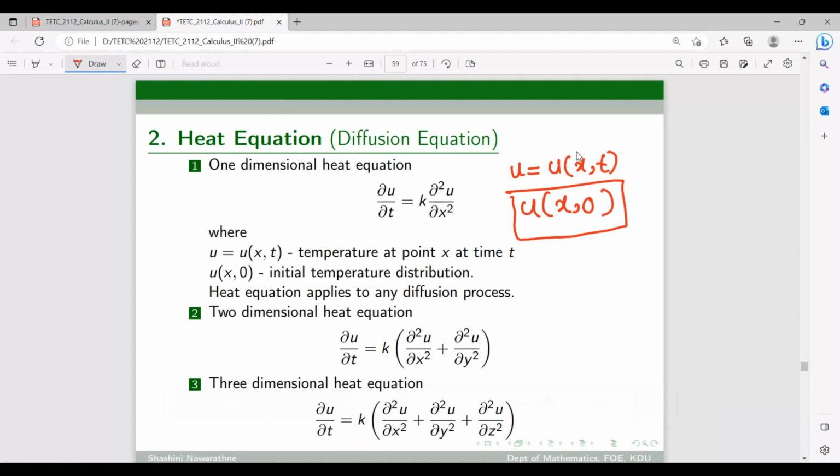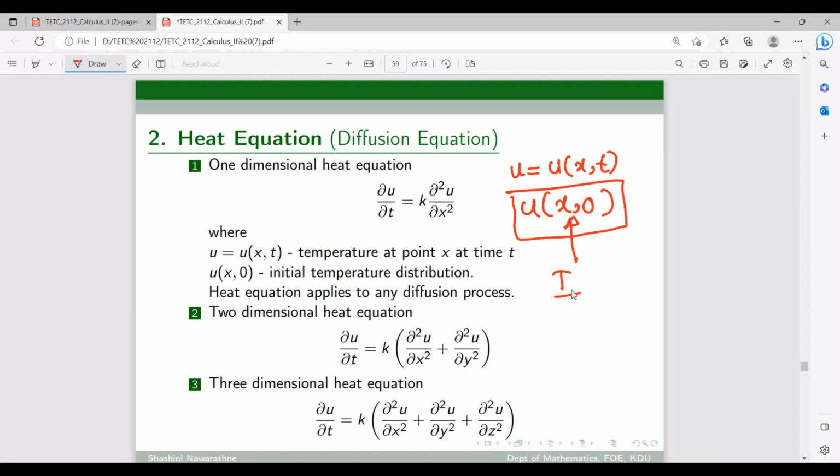So the value of u when t is equal to 0, we will call the initial temperature, the temperature at the initial state. Not about the position. Initial means the time is equal to 0.